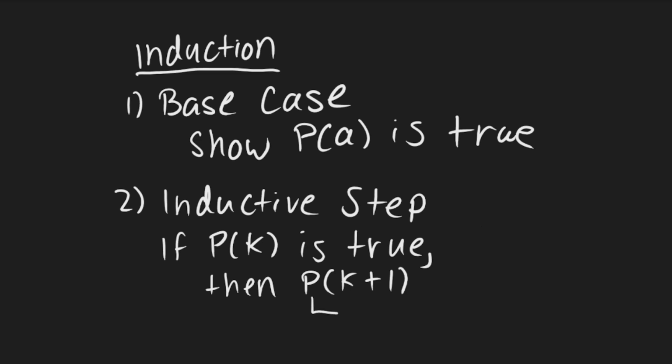And if we're able to show that p of k plus 1 is true, and if we have both steps done, then we can assume that the statement is true.